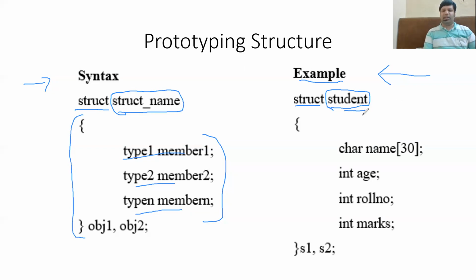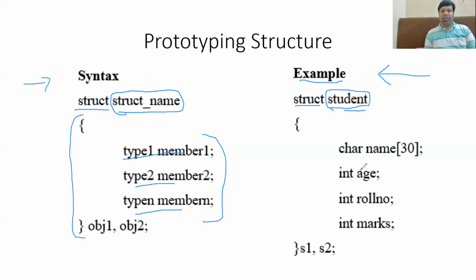So once this data type is formed, student will become a data type just like the inbuilt data types integer, float, character. So you will be able to create objects or variables of the student data type like you are able to create the variables or constants of integer, float, and character data type.